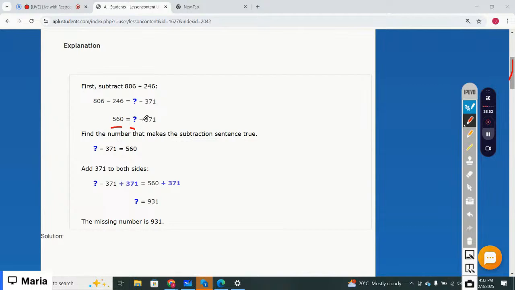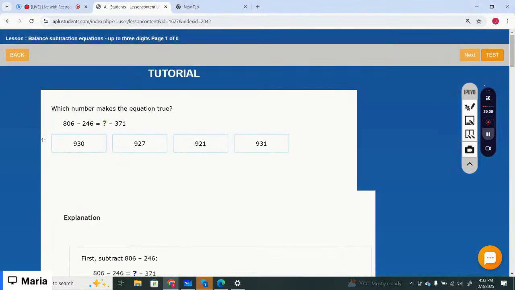Now we need to find a number that when subtracted from 371, the difference is 560. You need to add 371 to both sides, so the number that keeps the equation balanced is 931. Let's just start with the test question.